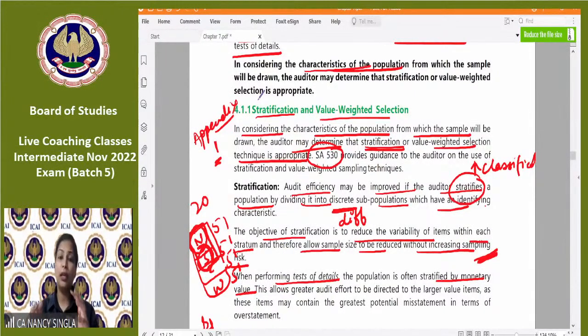If the entire population, which is different, is subgrouped into similar homogeneous populations, then the variability, the difference between the population reduces. And the sampling risk also reduces, though the sample size will remain the same. Okay? So this was about stratification.